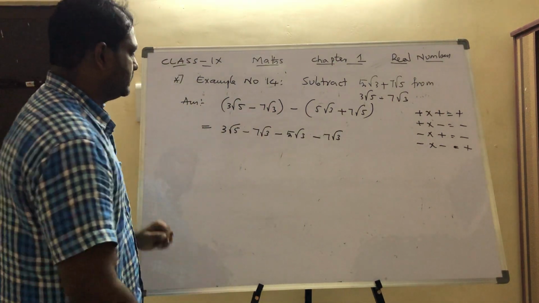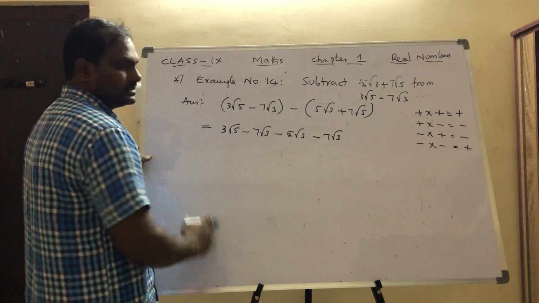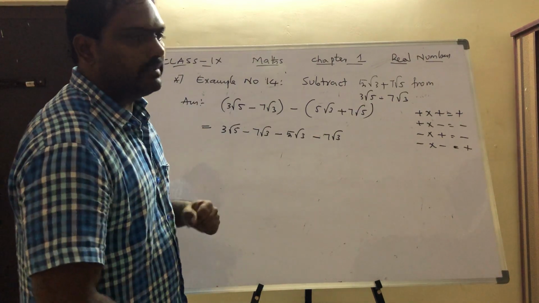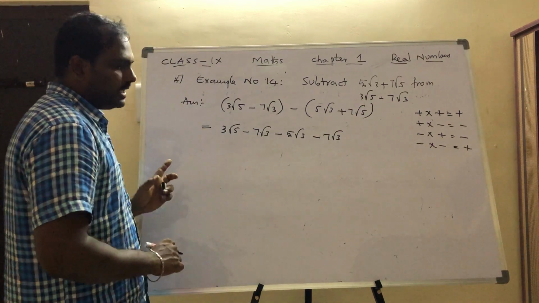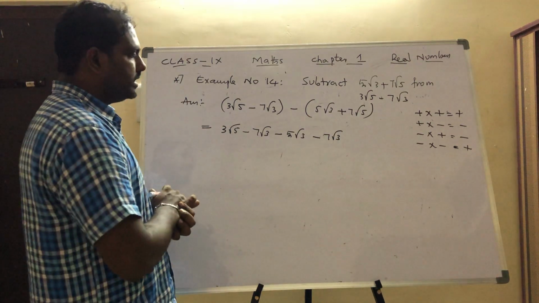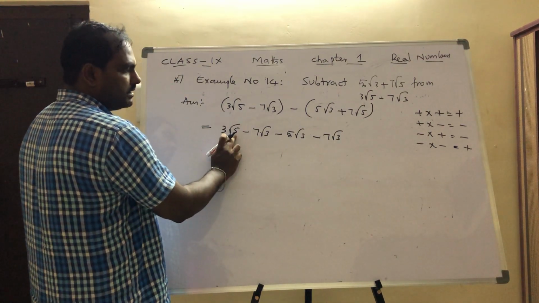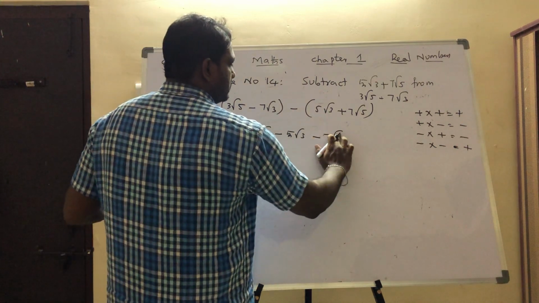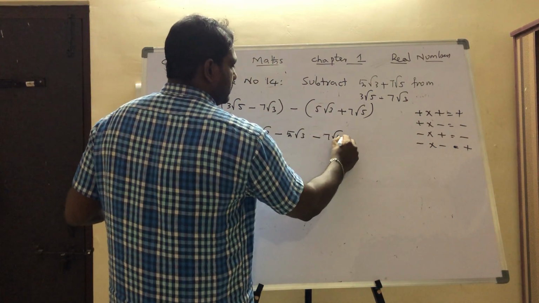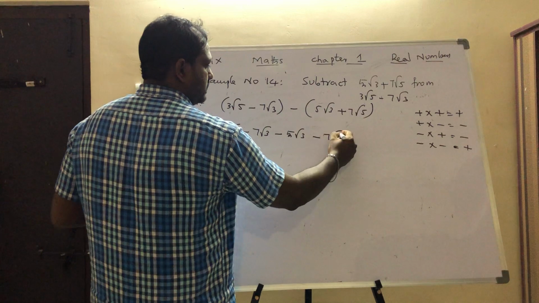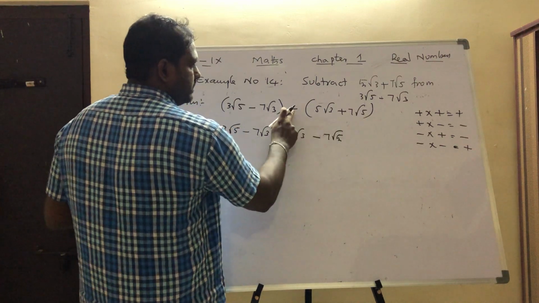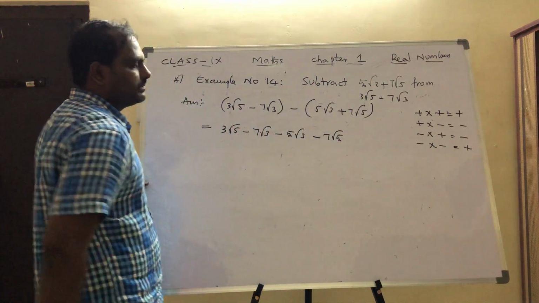Okay. Next, we have to group the like terms. Like terms means the numbers under the square root are the same, so you have to check. Look at this, 3 root 5, the root 5 is there, minus 5 root 3, minus 7 root 5.